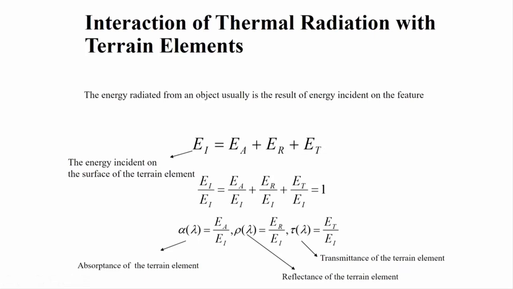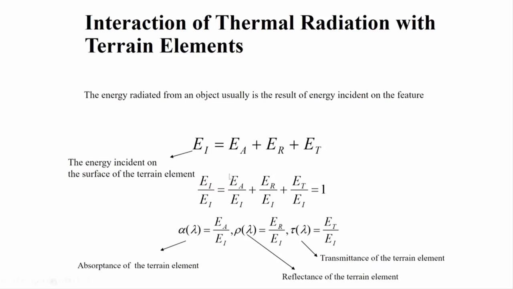Now when we divide this by the incoming radiation, EI divided by EI becomes 1. EA divided by EI represents the capability of the surface to absorb the incoming radiation.